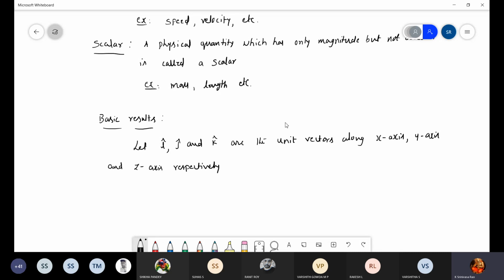Okay, a unit vector, the word itself says it has magnitude 1. I will explain that magnitude. So unit is nothing but 1.